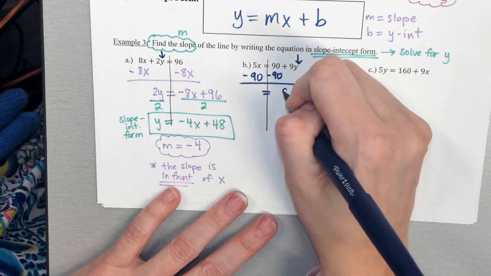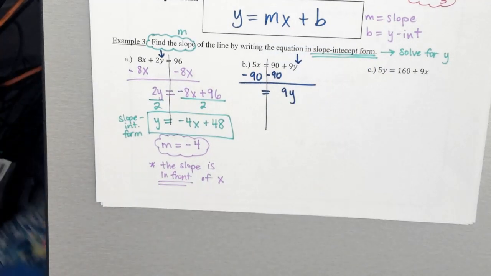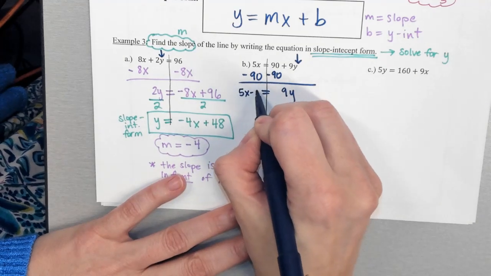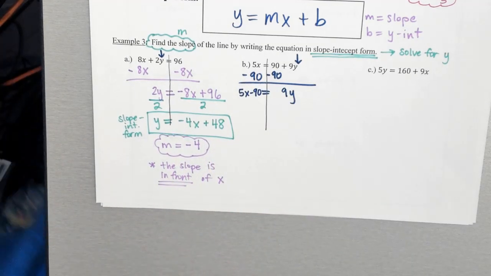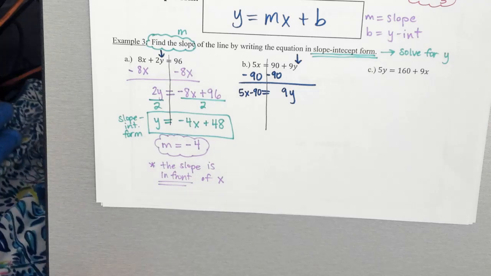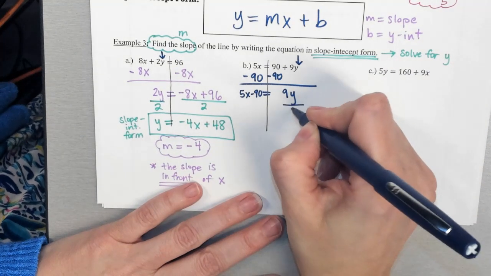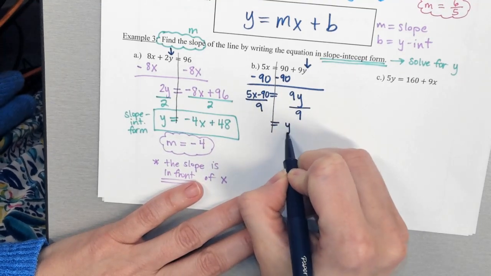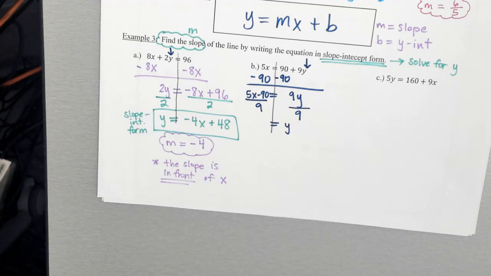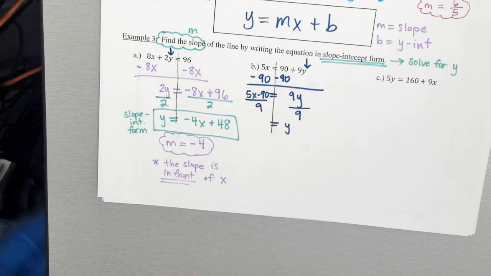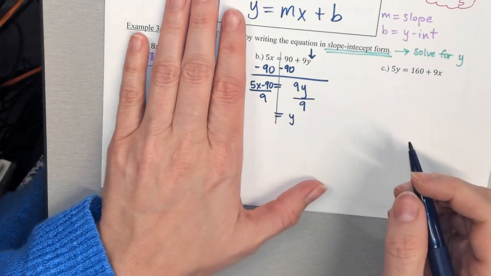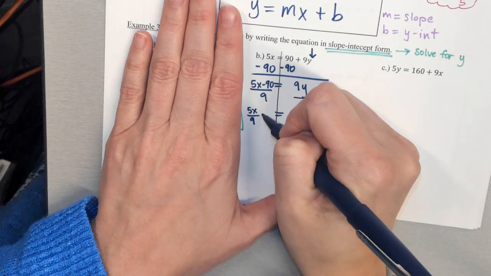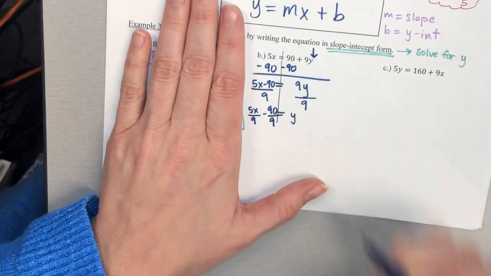And we want to do that because then we have 9y by itself. On this side, we're just going to leave this as 5x minus 90. And just like we did last time, we're going to divide everything by 9. Now when you divide everything by 9, that means you have to divide the 5x by 9 and the negative 90 by 9.